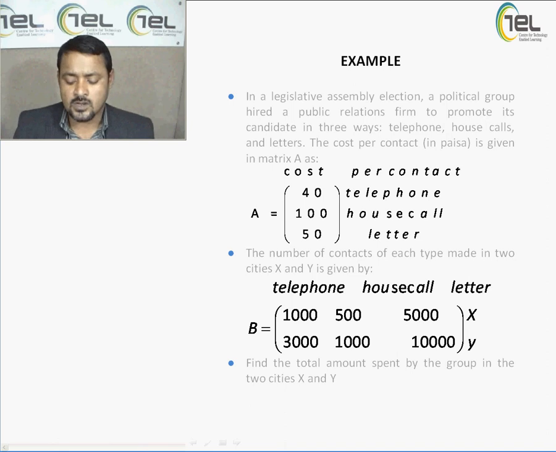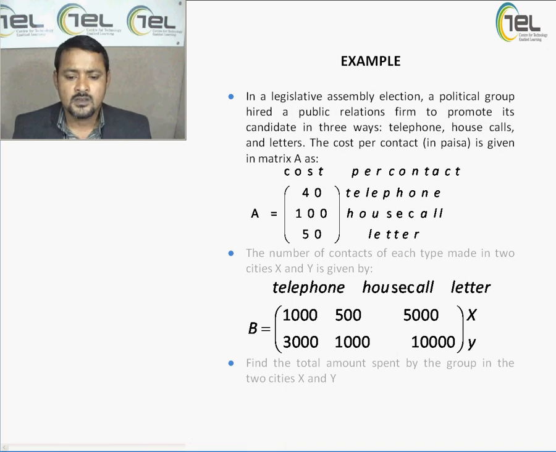Now we are coming to another example. In a legislative assembly election, a political group hired a public relations firm to promote its candidates in 3 ways: by making telephone calls, house calls, and letters. The cost per contact is given. For a telephone call, it costs 40 paise, a house call costs 100 paise, and a letter 50 paise.